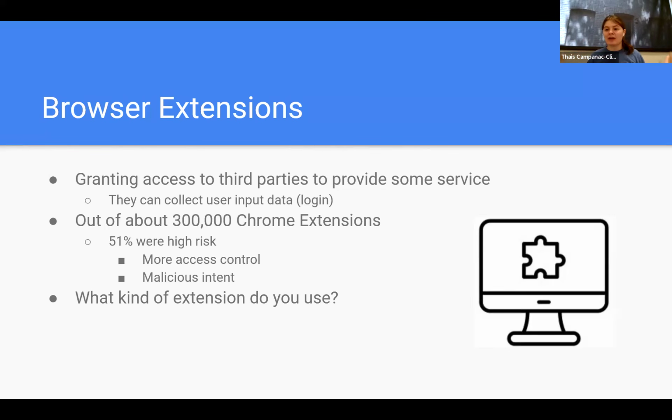Out of the 300,000 they looked at, they found that 51% were high risk, meaning the extension had more access control, authorization, or capabilities on your browser or computer than what is needed or acceptable.